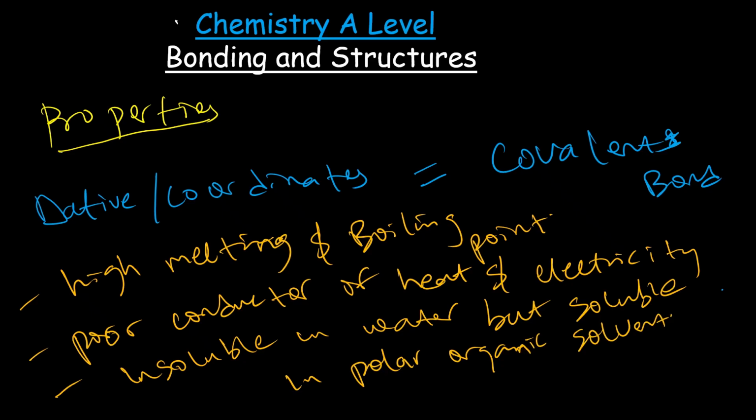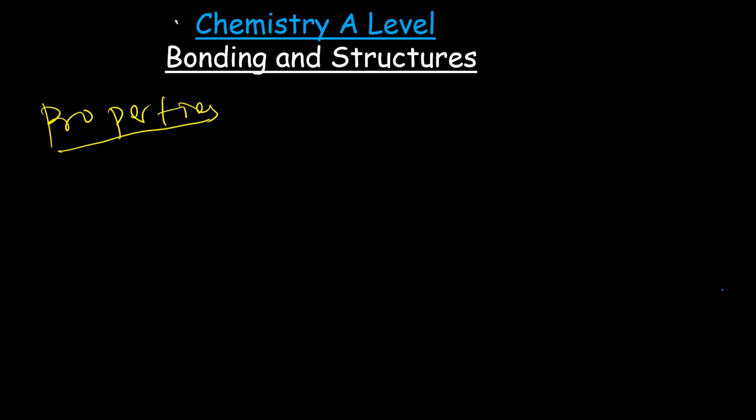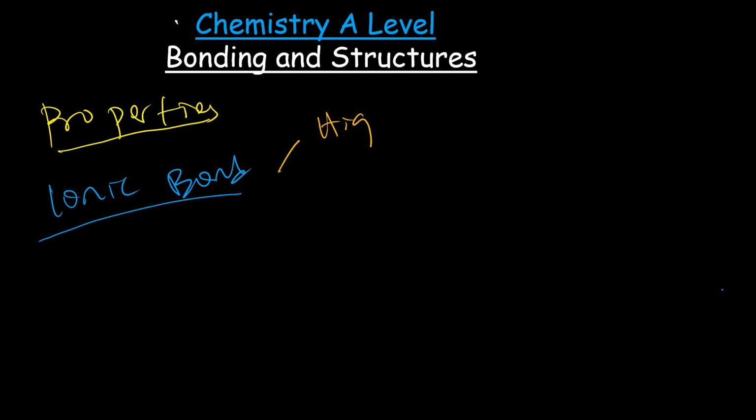Okay, so let's look at the properties of ionic bonding. Now, ionic compounds have high melting and boiling points.